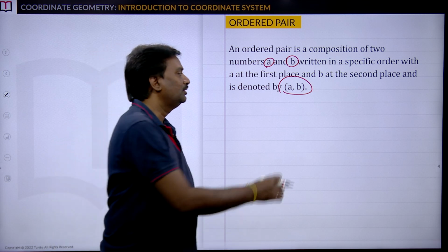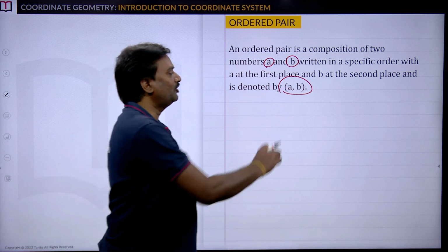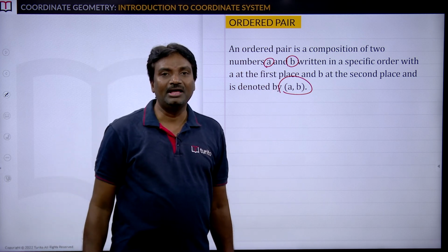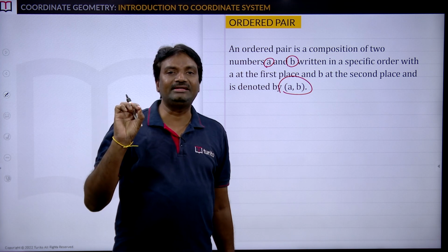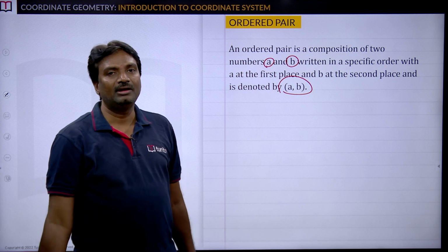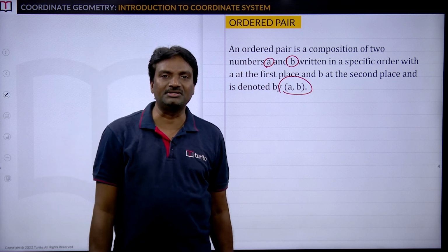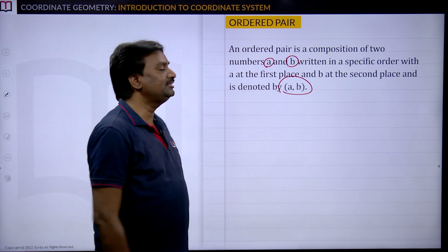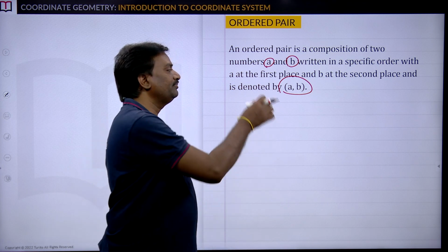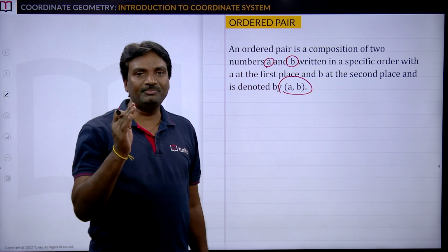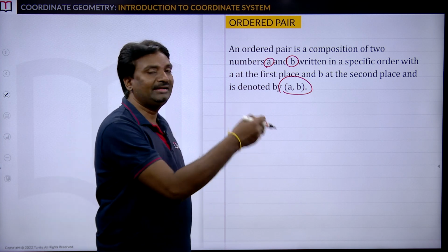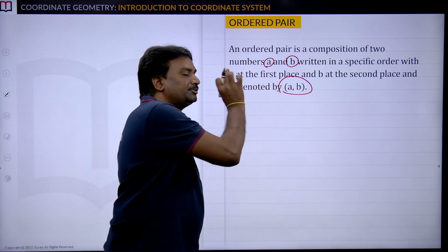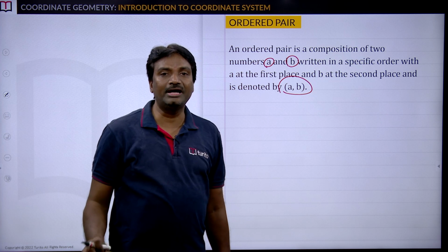Throughout mathematics, if you write a bracket, in the bracket we have two numbers, which we are supposing as A and B. In place of A and B, you can take real numbers as you wish: positive numbers, negative numbers, rational numbers, irrational numbers, whatever the numbers may be. If you take any two numbers and arrange them like this in the bracket, we can say this is an ordered pair. Keep A in the first place in the bracket, take a comma, and keep B in the second place in the bracket.